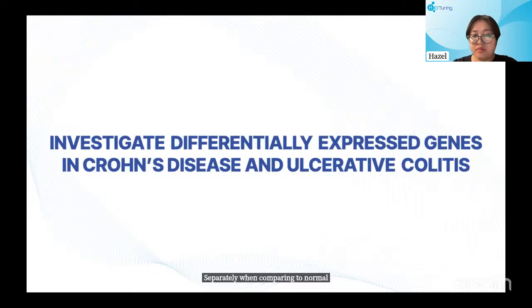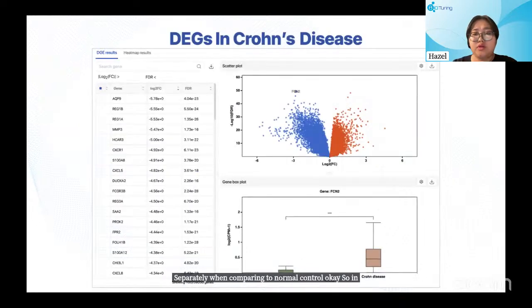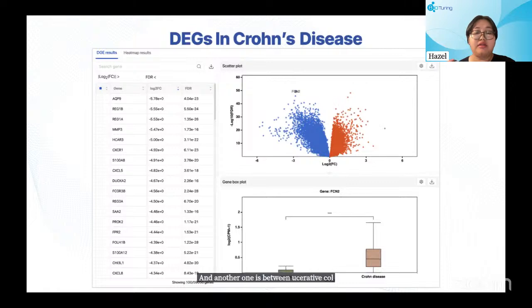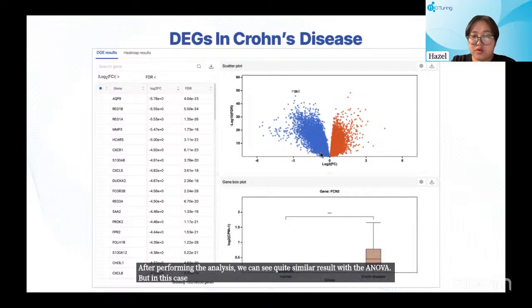In order to do that, we perform two separate DEG analyses: one between Crohn's disease and normal, and another between ulcerative colitis and normal. After performing the analysis, we see quite a similar result to the ANOVA, but in this case we get the volcano plot showing upregulated and downregulated genes in the disease.